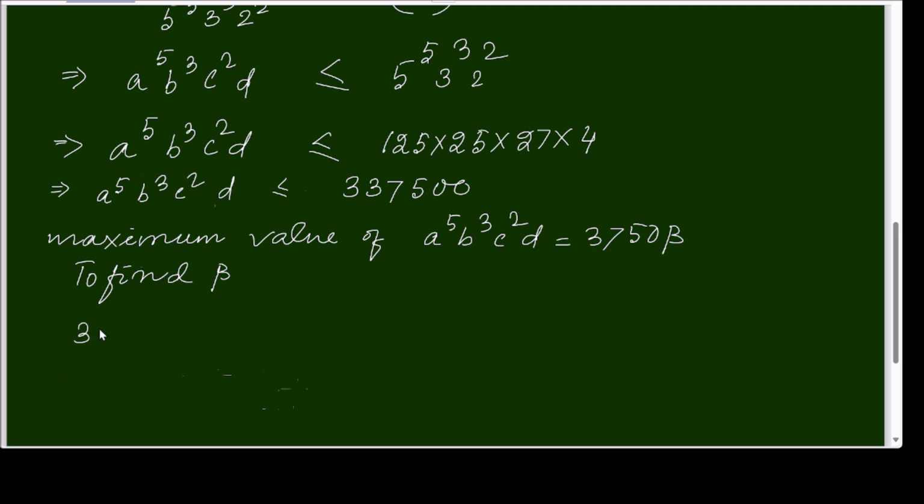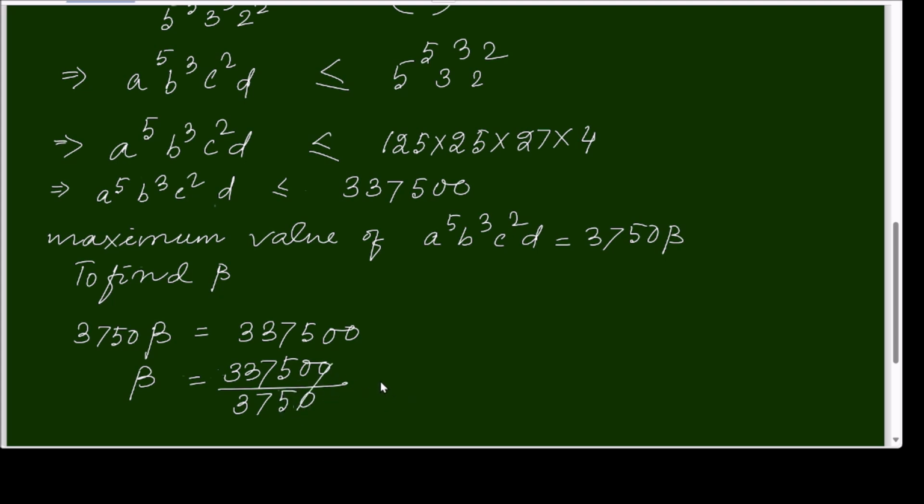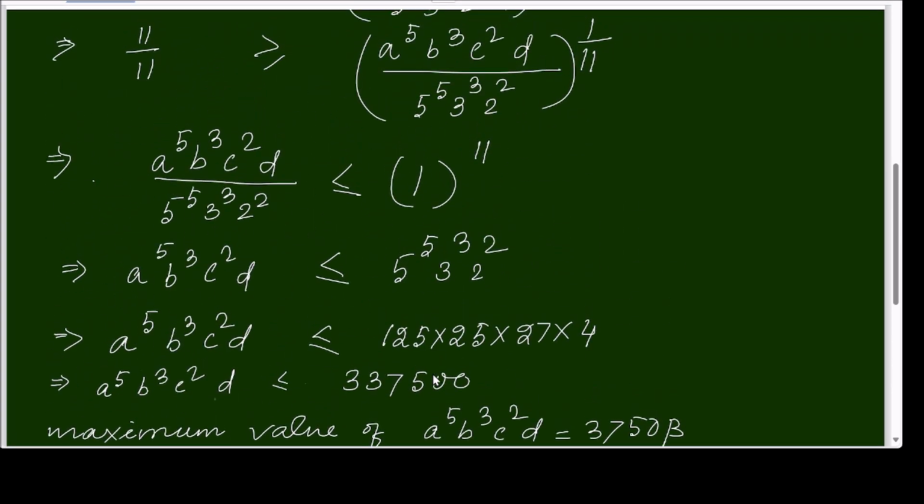So 3750 beta equals 337500, then beta equals 337500 over 3750. So we can cancel, it will be 90. So the value of beta is 90.